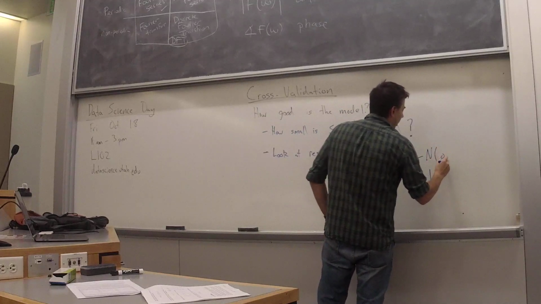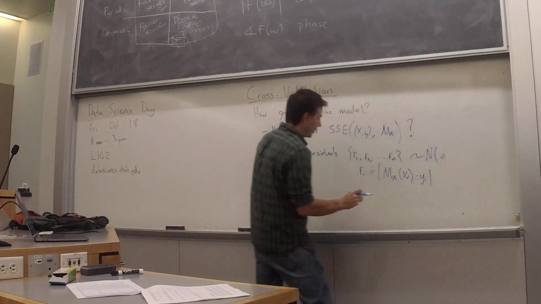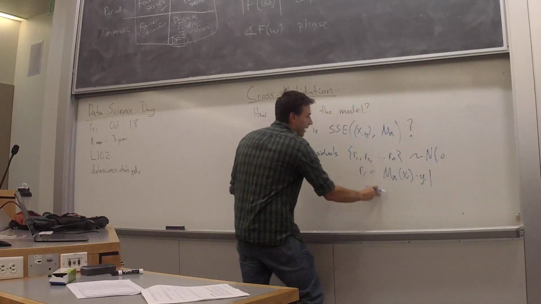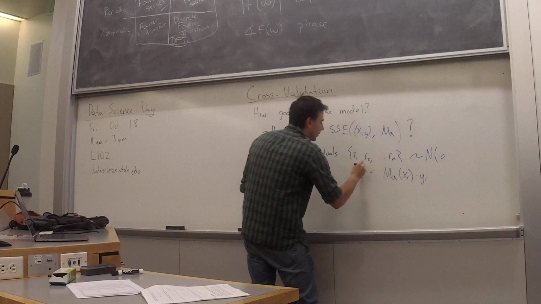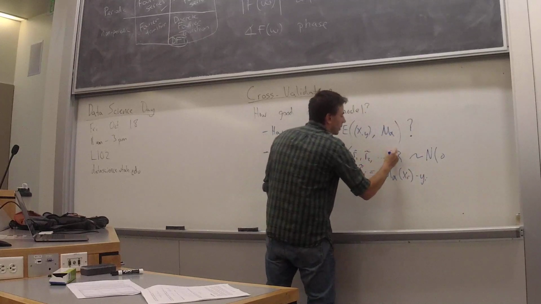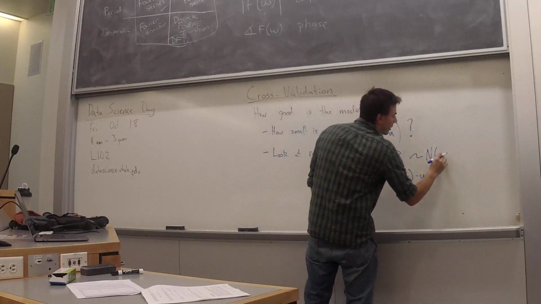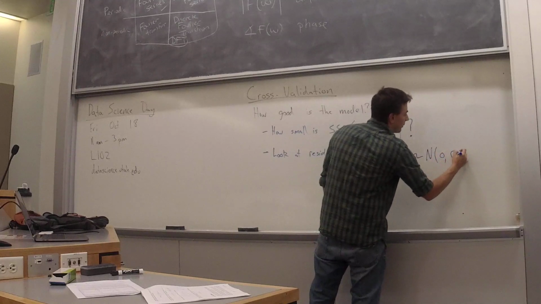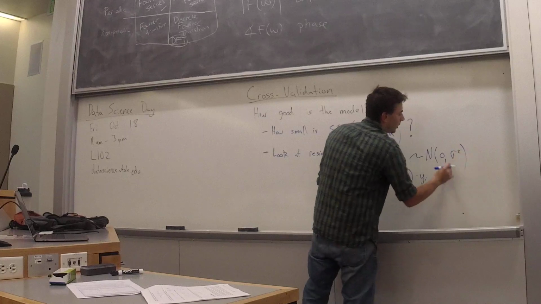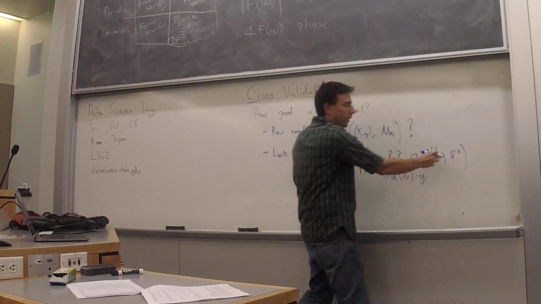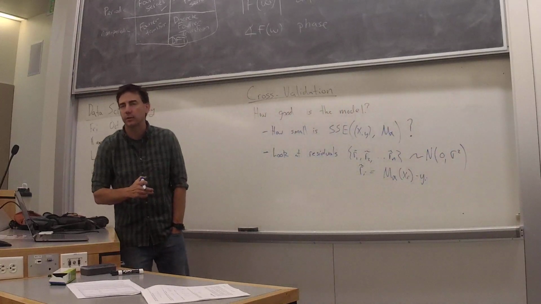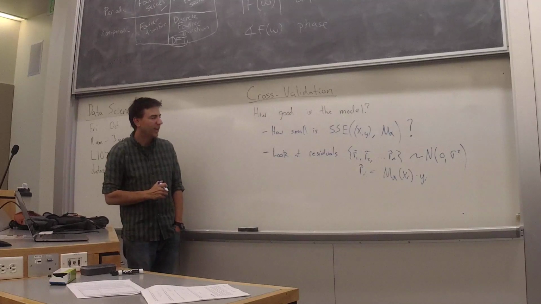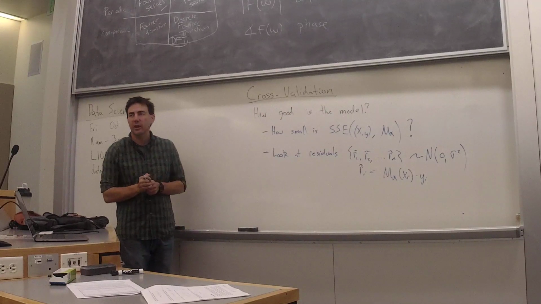Probably without the absolute value here. Let's call these Ri tilde. So there should be a normal distribution with mean 0 and standard deviation sigma, or variance sigma squared.